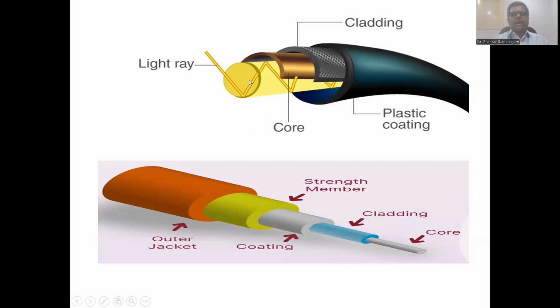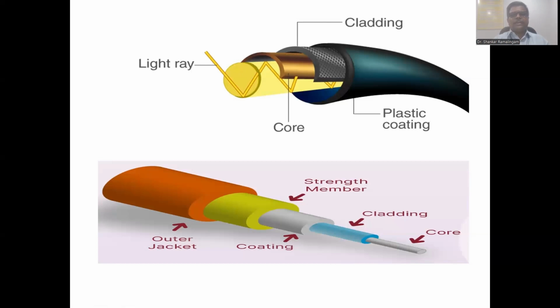Now coming to the next picture, for seeing how our optical fiber cable is. It is how our core, which I told, is going to have a light signal present inside, and this light signal is going to be launched from our transmitter side towards our optical fiber cable.